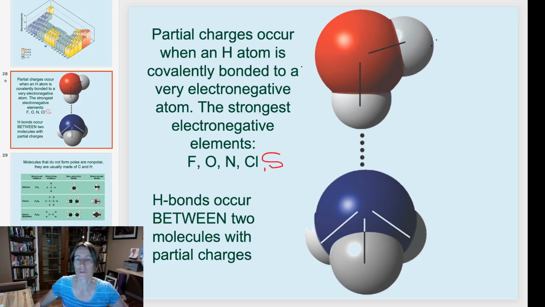So we have a sort of a rule here that we can bring into play. And we can say that partial charges, that means that little negative cloud or that little positive area, these partial charges occur whenever you find a hydrogen atom covalently bonded to a very electronegative atom.